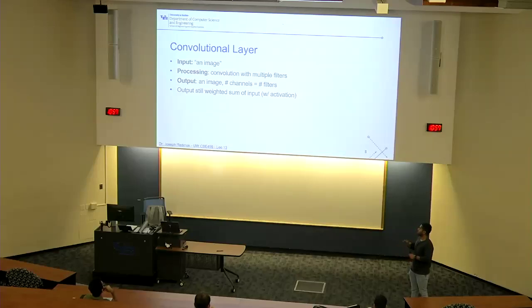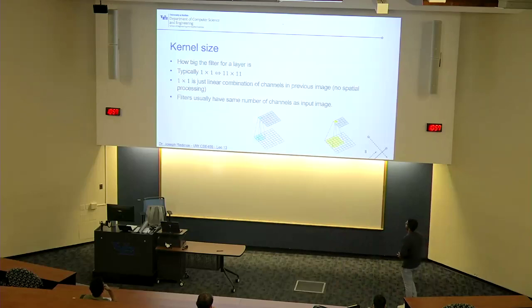In that case, I'd end up with the filter response corresponding to each input channel, and your output is still a weighted sum, similar to two things, both applying convolutions and also the format of neural network that we saw last class.